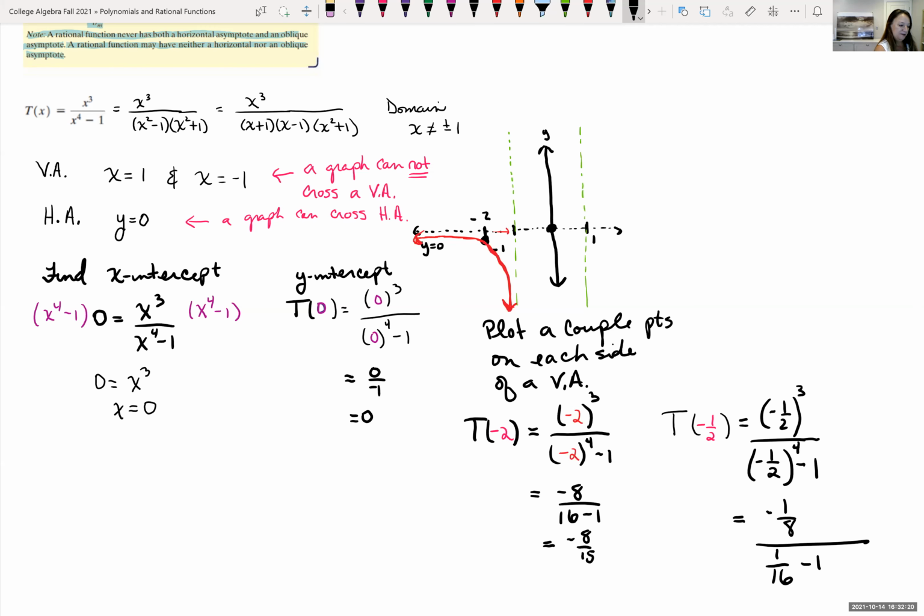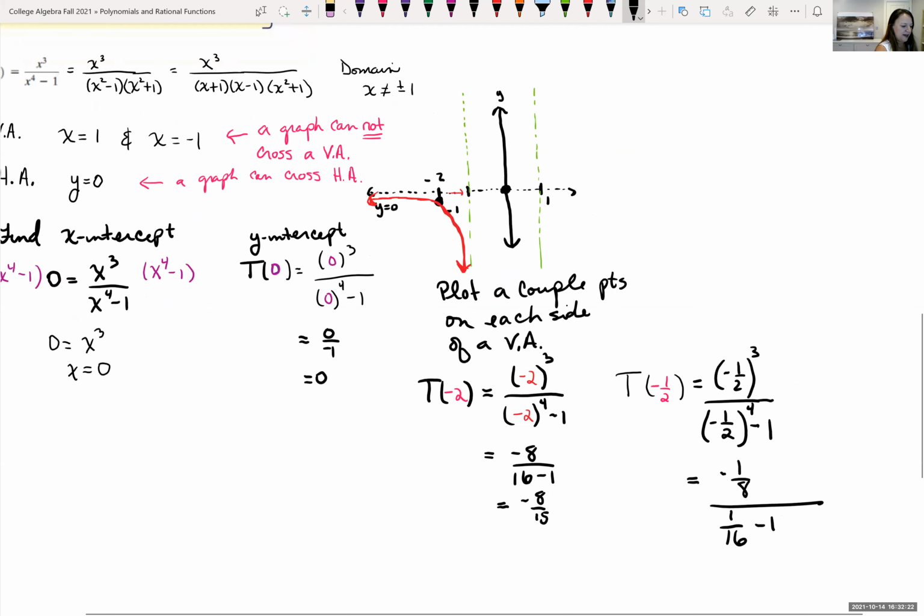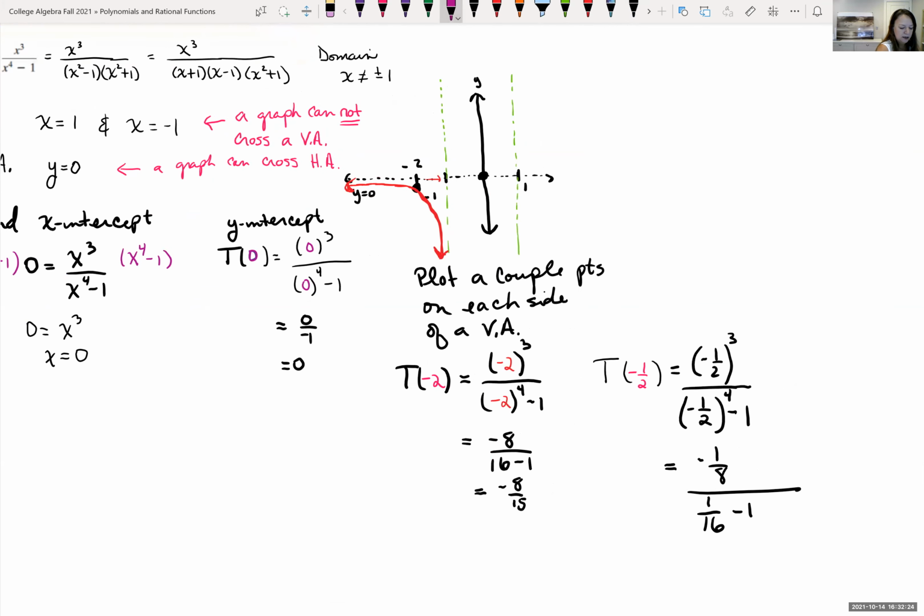Got a complex fraction. We can get rid of that complex fraction really fast by multiplying by a fancy 1 of our LCDs of the fractions within. And so the LCD of 8 and 16 would be 16. So if we multiply 16 times -1/8, that leaves us with -2 in the numerator.